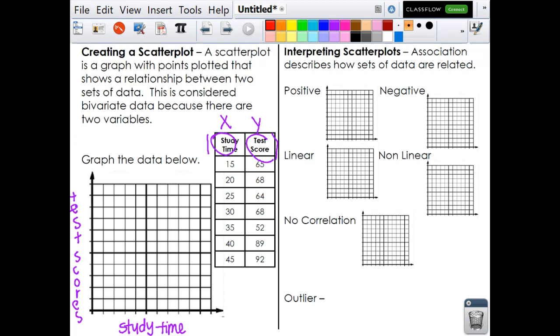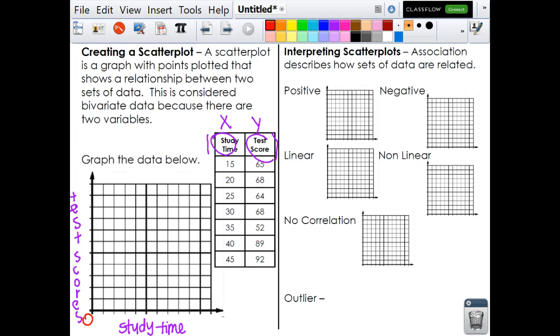So now let's look at what we want our scale to be. Our study time starts at 15 and goes by fives. So what's the highest number of our study time? 45. 45 is the highest for study time. So we know that this is going to be 0, right? So we have 1, 2, 3, 4, 5, 6, 7, 8, 9, 10, 11.